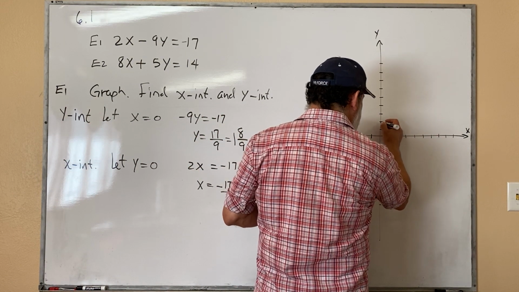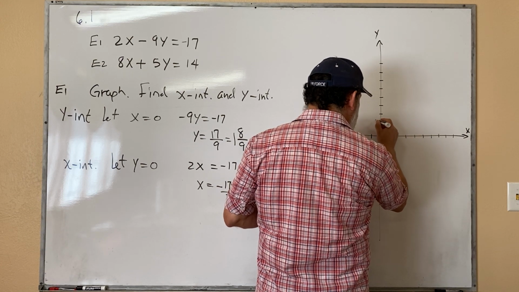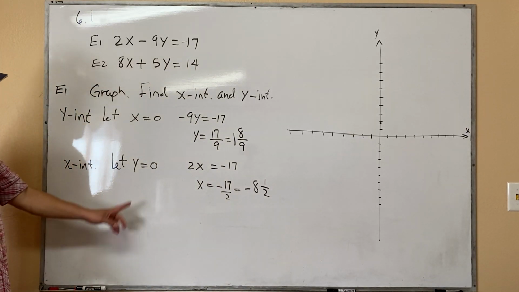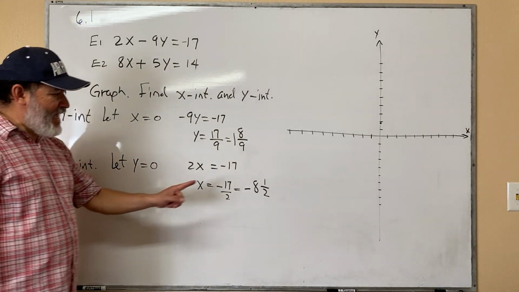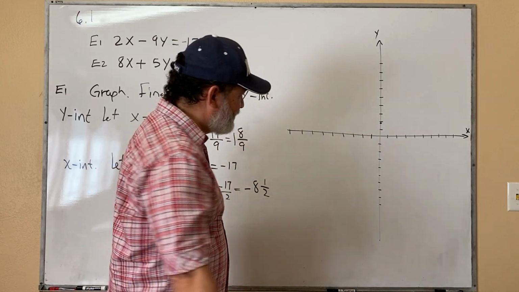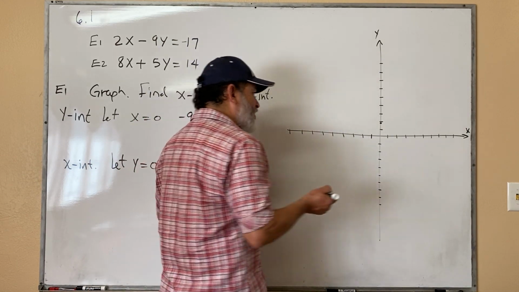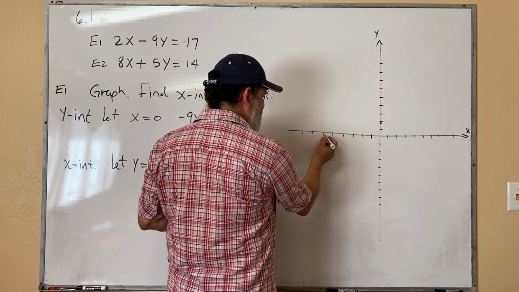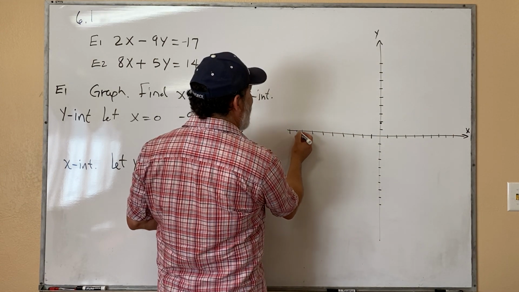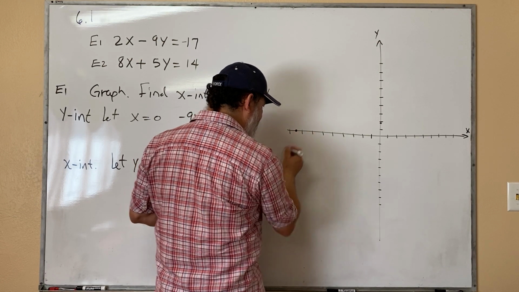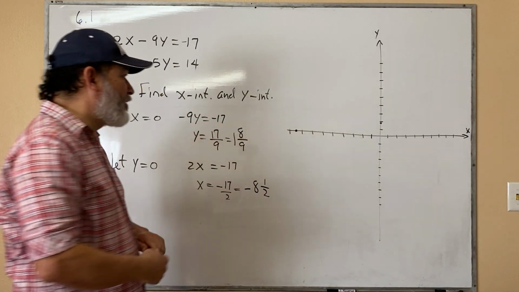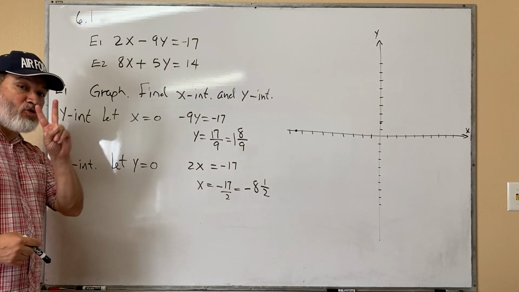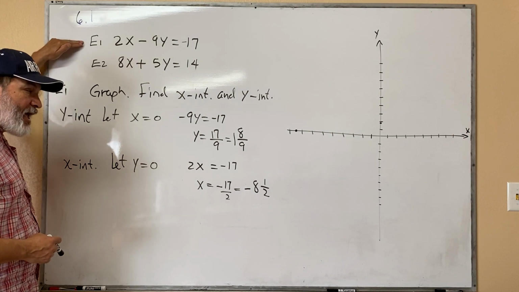When y is 0, x is negative 8.5, right there between negative 8 and negative 9. These are 2 points for equation 1.